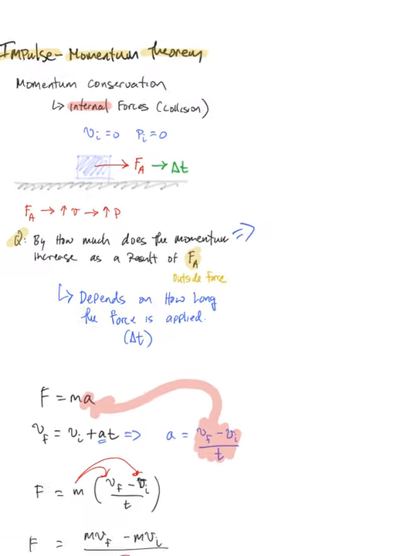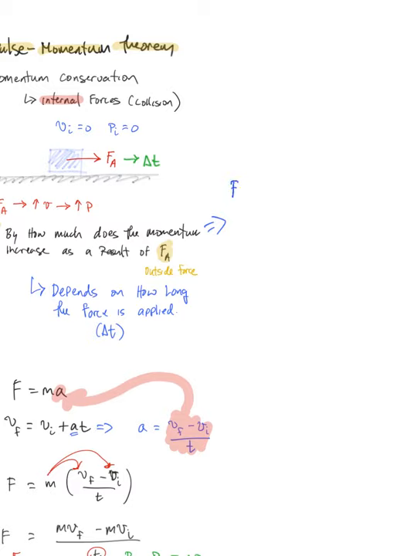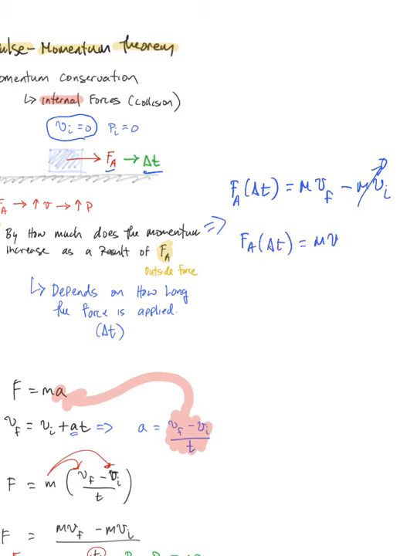I could say that F times delta t is going to be equal to mv final minus mv initial. And I told you that v initial was 0, so this term is 0. So I could just say that the momentum changes by F times delta t, because that's going to be equal to mv final in this case.